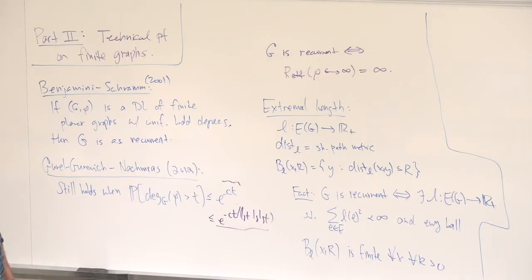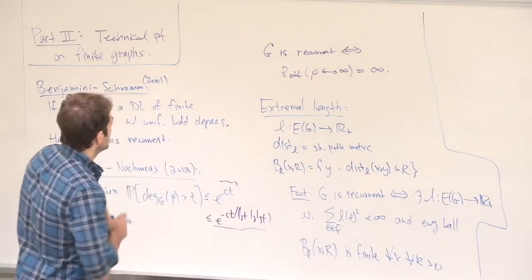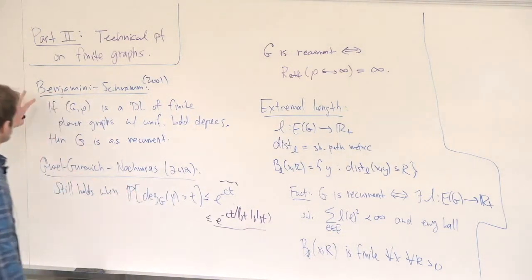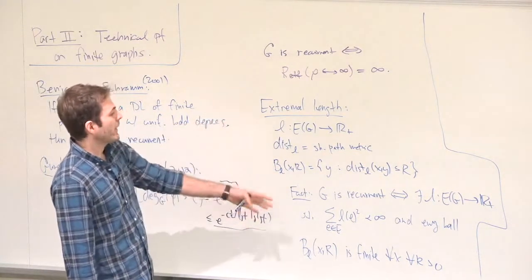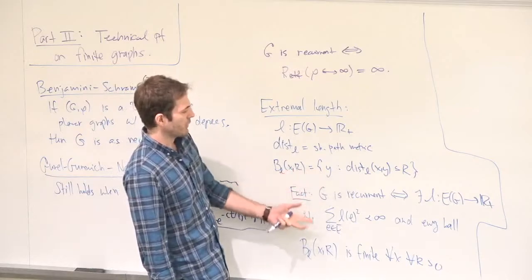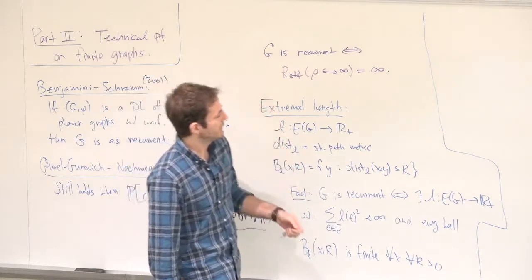Okay, so right, if every infinite path has infinite length, then it means all the balls are finite. And if all the balls are finite, then every infinite path has infinite length. Okay, good. So I was mentioning how you prove these things. Basically, finding a sufficiently nice geometry on the graph suffices to prove that things are recurrent.